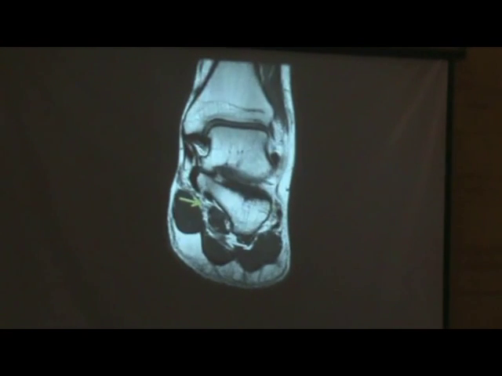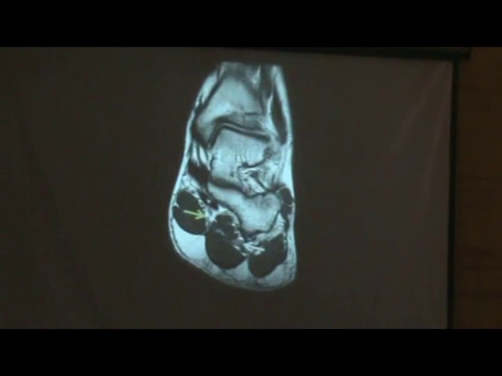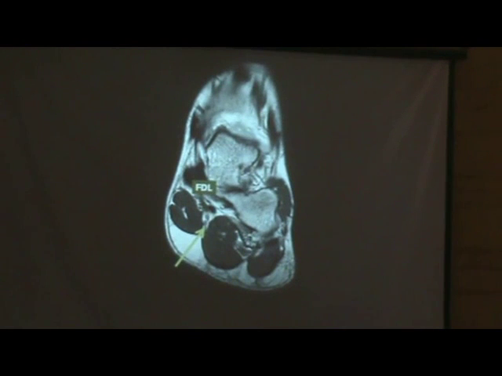Here the medial, with some anatomical landmarks again: flexor digitorum longus tendon, flexor hallucis longus tendon, and the same muscles as I told you before, abductor hallucis, quadratus plantae, and flexor digitorum brevis.